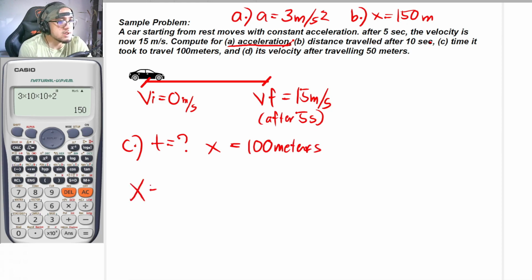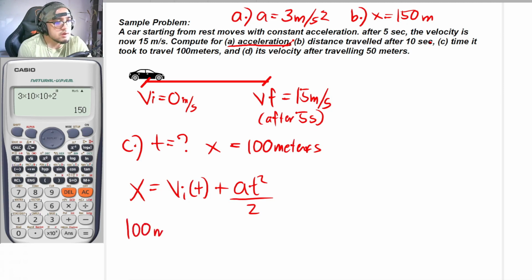So x is equal to the initial velocity times time plus AT squared divided by 2. The value for x is 100 meters. So 100 meters is equal to 0 plus AT squared, where our A is 3 meters per second squared.